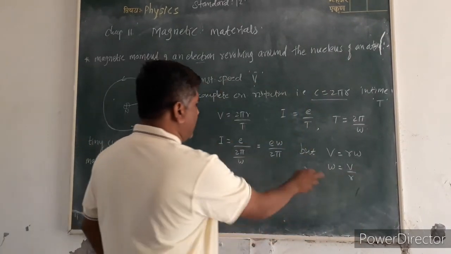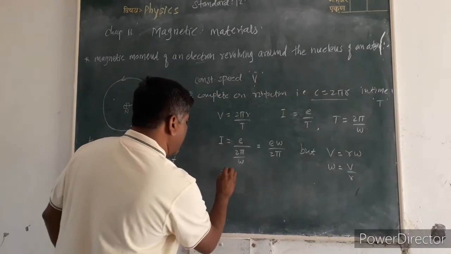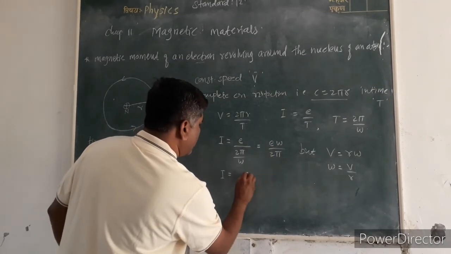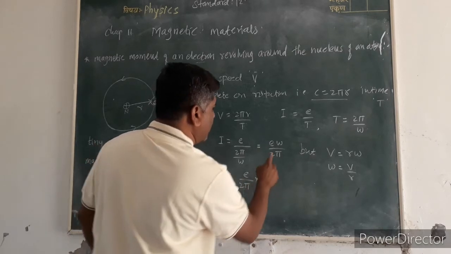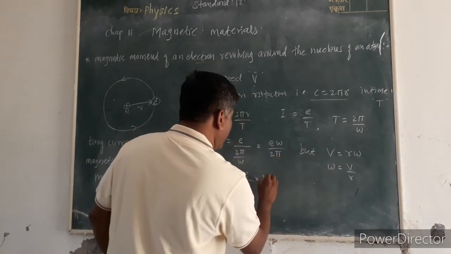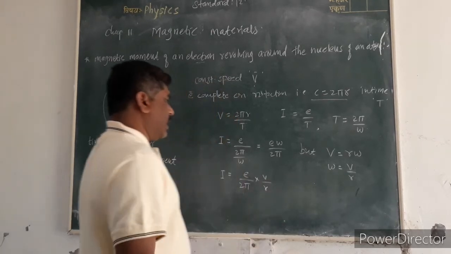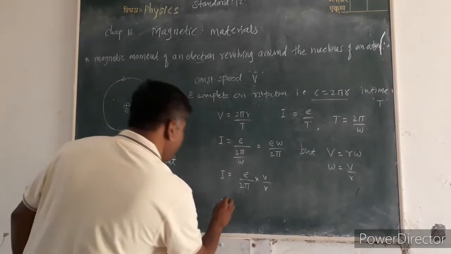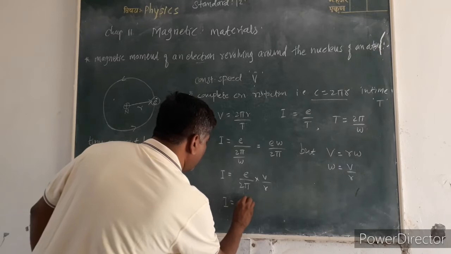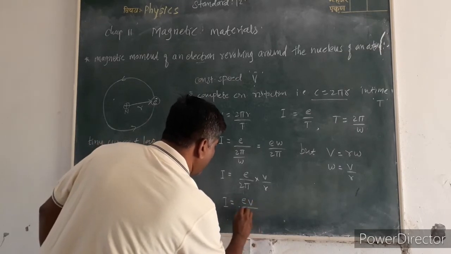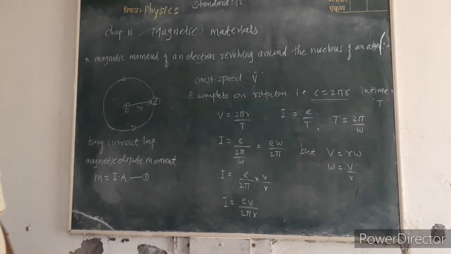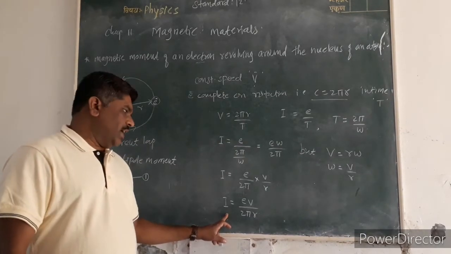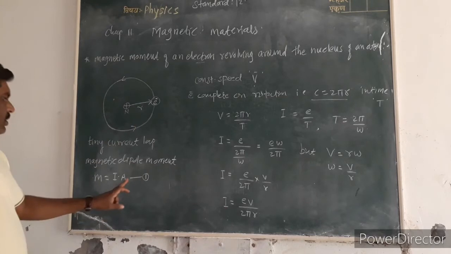Therefore, I is equal to e divided by 2 pi, into v upon r, or we get I is equal to ev upon 2 pi r. Put this value of I in equation 1.